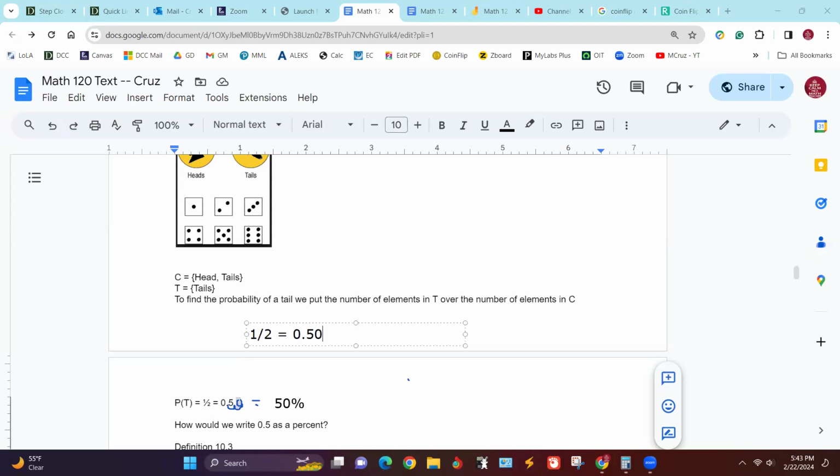It's a 0. So this is what we got. And so to go to percent, you go over 2 to the right and add the percent sign. To go from percent back to decimal, you go 2 to the left. To go from decimal to percent, 2 to the right. So let me write that out.